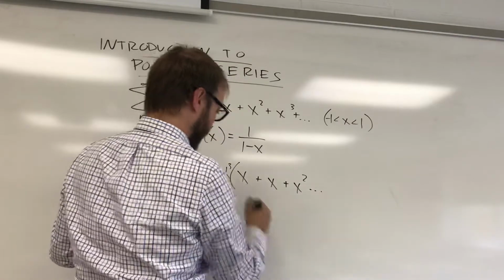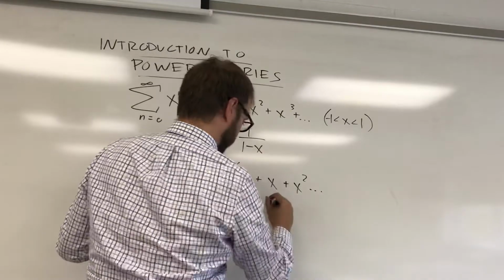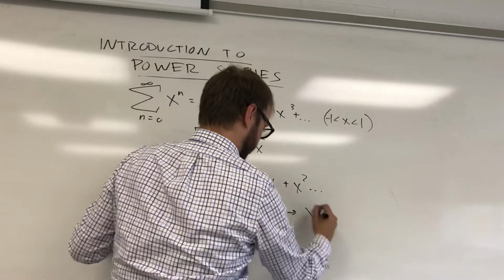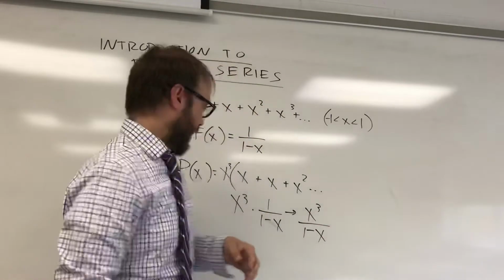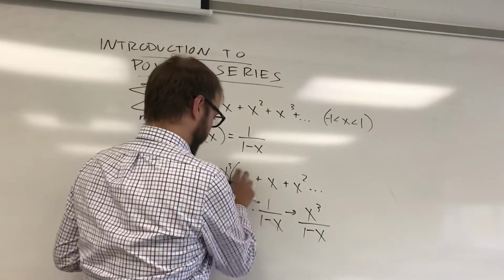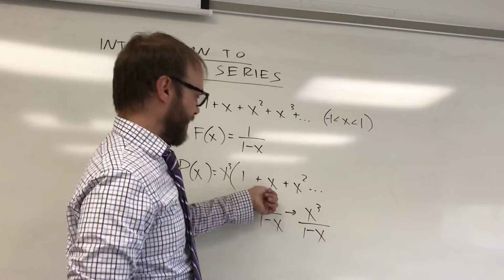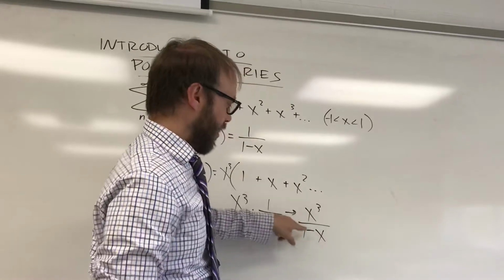And it's going to be x cubed times the 1 over 1 minus x function. And of course, that's going to be x cubed over 1 minus x. Or, you know, if it had been 4x to the third, and 4x to the fourth, and 4x to the fifth, maybe it would be 4x cubed over 1 minus x.